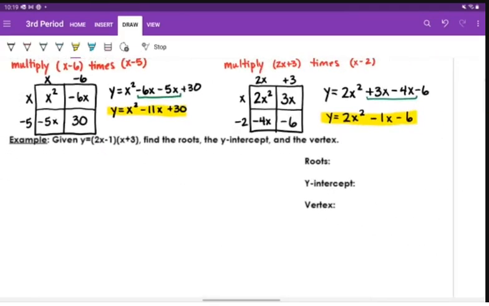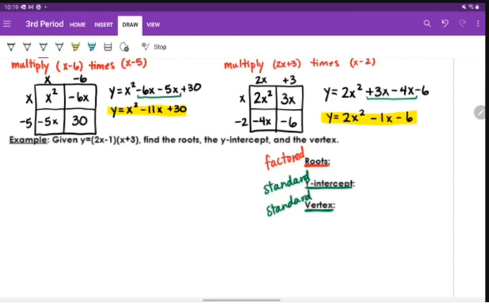They're asking us to find the roots and the y-intercept, and the vertex. Well, the roots are easier to find if we have our equation in factored form. But the y-intercept and the vertex are easier to find if our equation is in standard form.